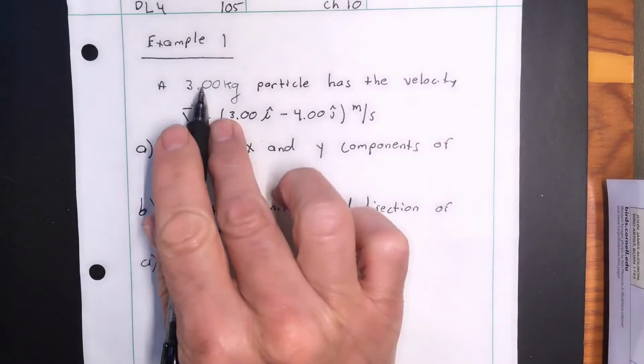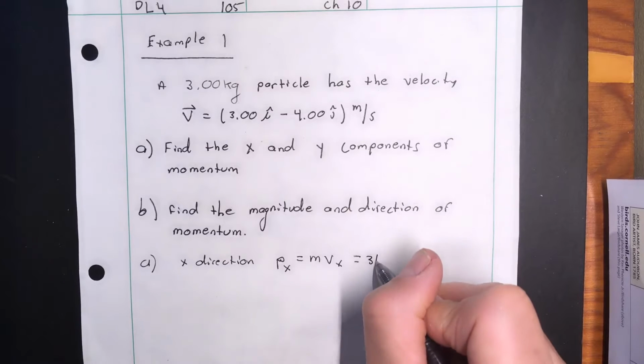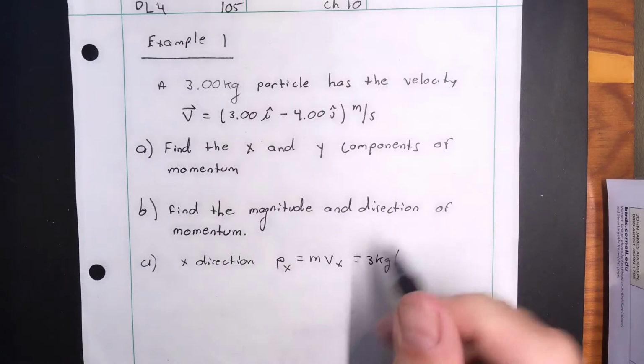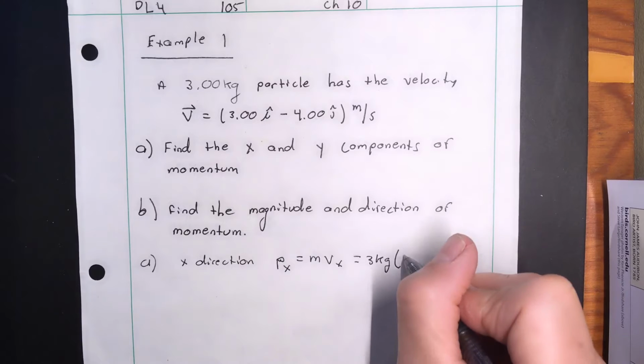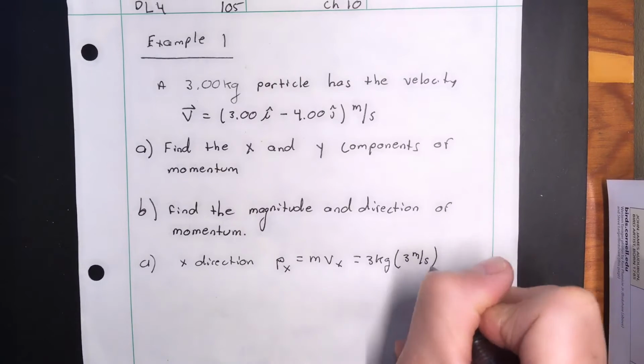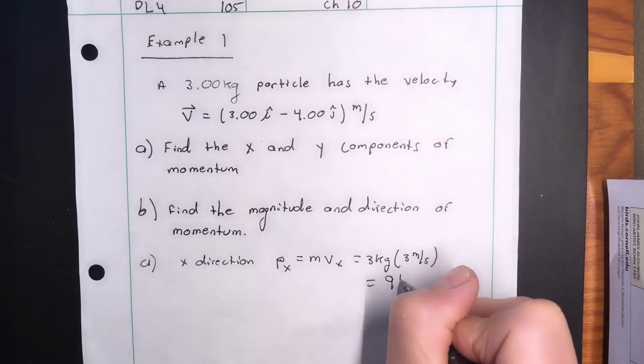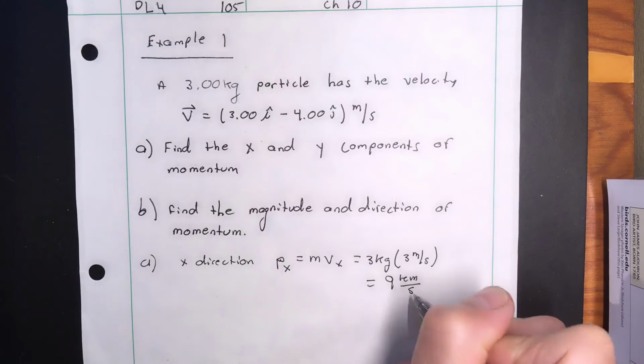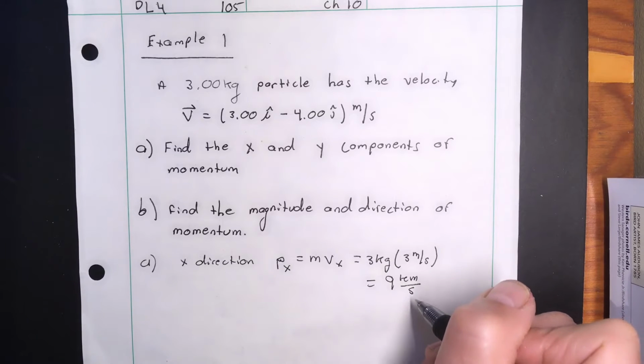The mass is 3 kilograms. Velocity is 3 meters per second, so you have 9 kilogram meters per second. So that's the x direction.